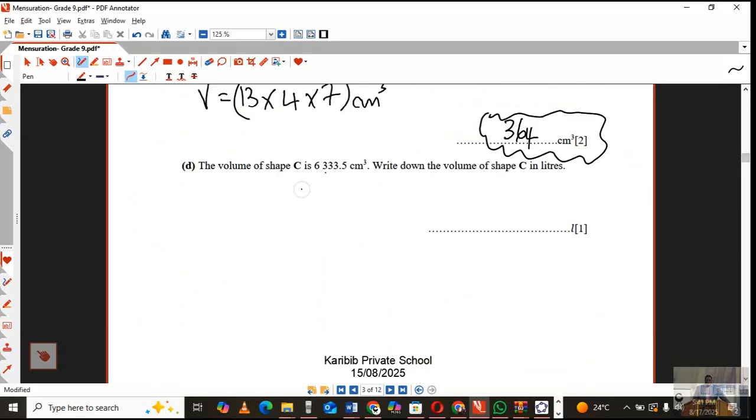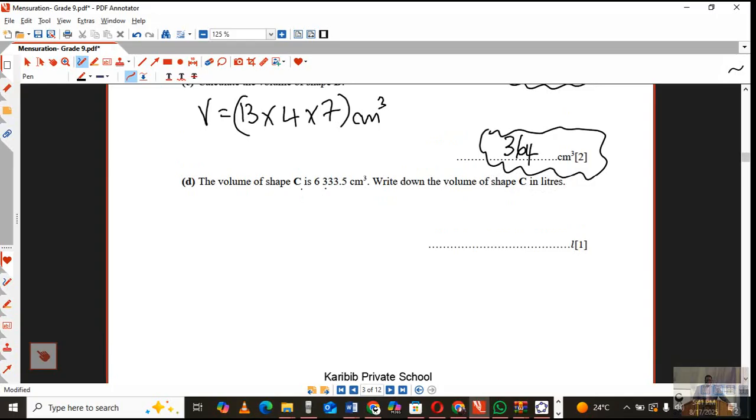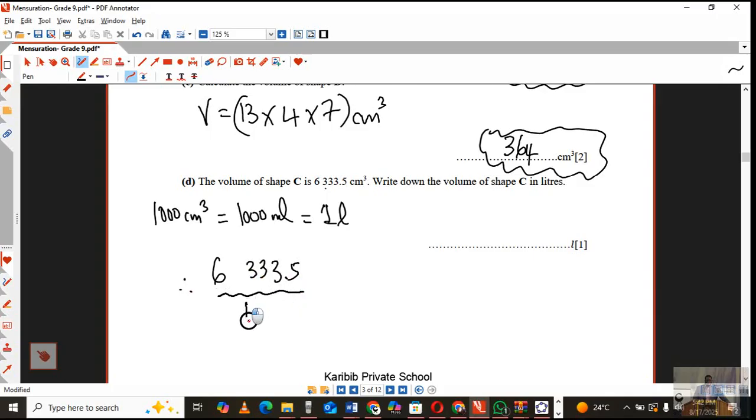Shape D. Now, you're told shape D has a volume, and then you're supposed to write this in liters. Here's what we need to know. 1,000 cubic centimeters is equal to 1,000 milliliters, which is equal to 1 liter. So you are going to take 6,333.5 and divide that by 1,000.